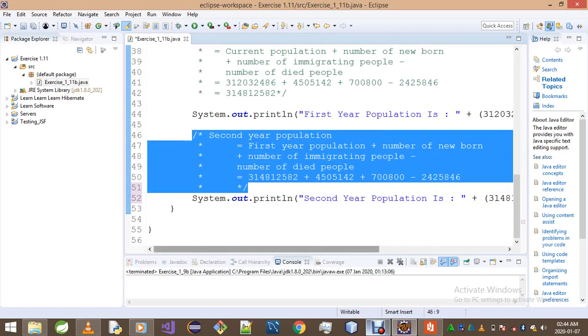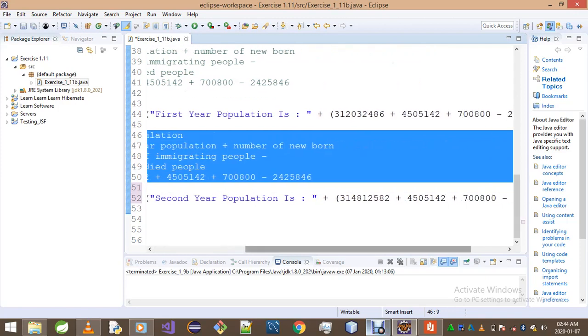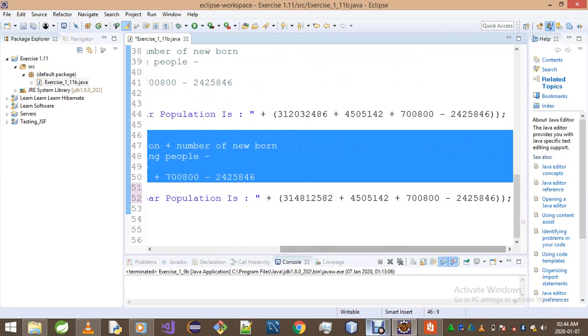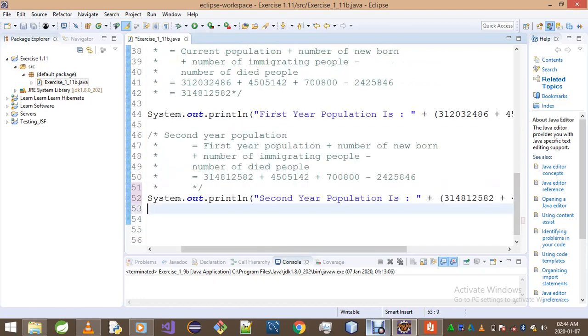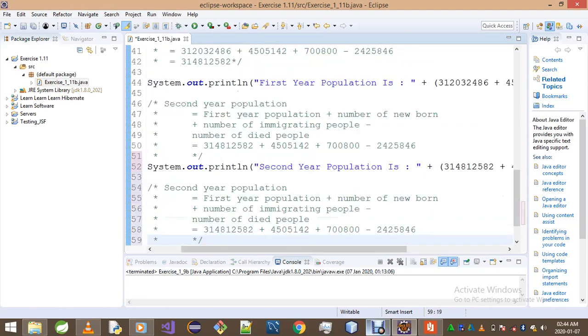You just keep replacing populations. So this is going to be for a third year population. Third year population, it's going to be second year population.